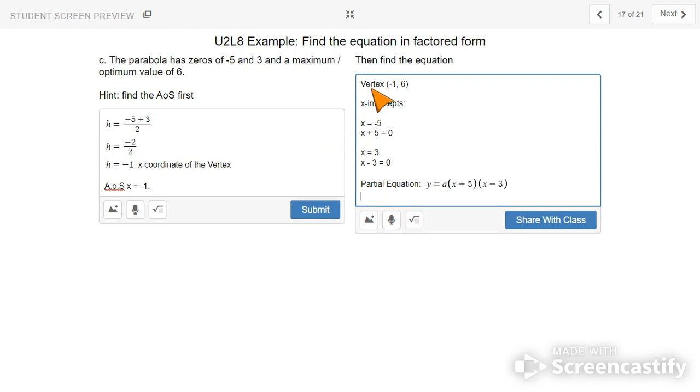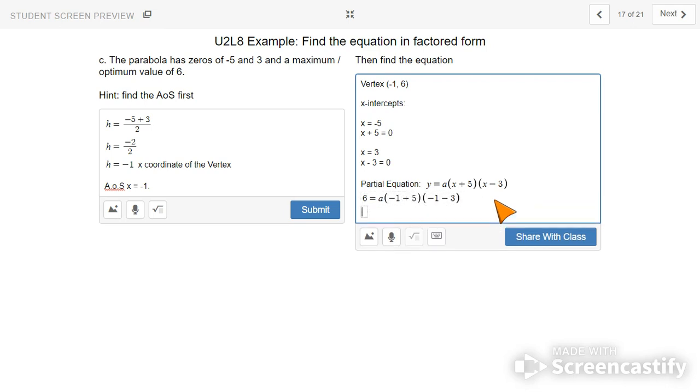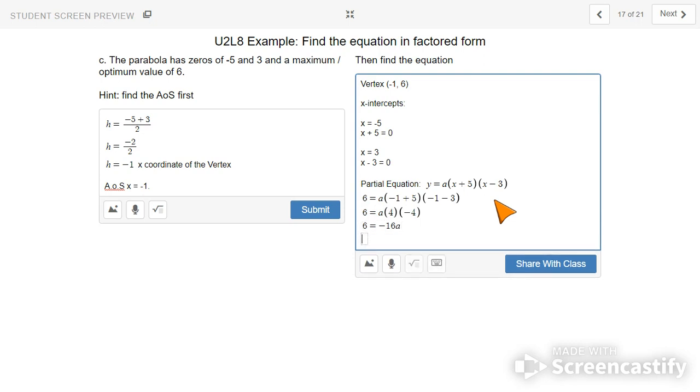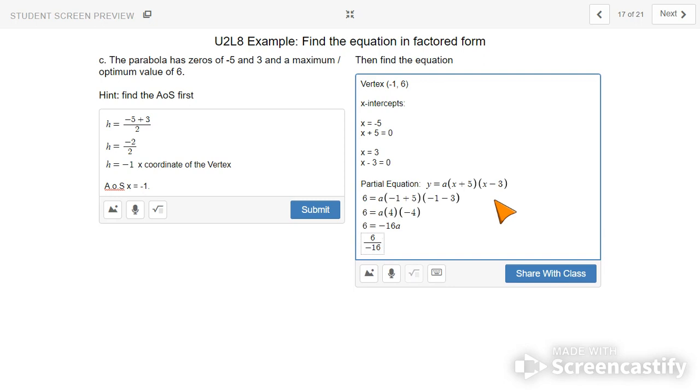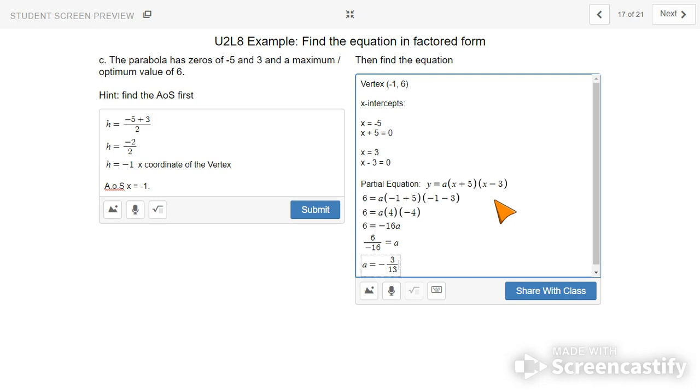Let's substitute in our vertex. So we have 6 equals a times (-1 plus 5)(-1 minus 3). 6 equals a times 4 times negative 4. 6 equals negative 16a. 6 divided by negative 16 is equal to a, and we have a is negative 3 over 8.